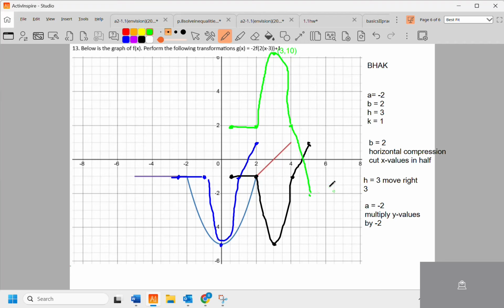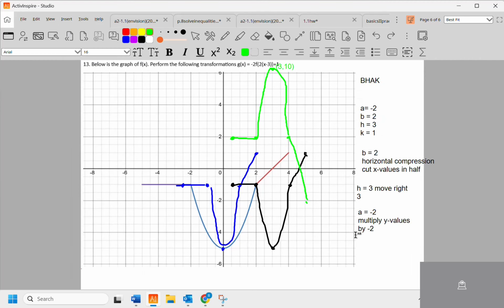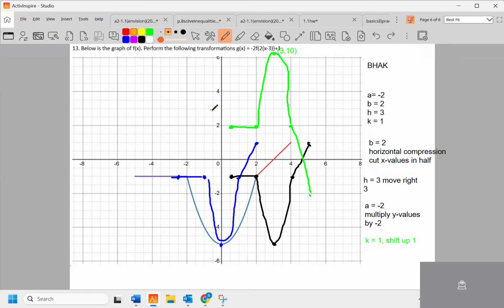All right, the last thing to do is K, and K is 1. So that just means we shift up 1. K equals 1, shift up 1. So I'm just doing this piece by piece. It ain't a whole lot of fun. So up one, up one. Really don't have any more room. I'll just put an orange dot up there.